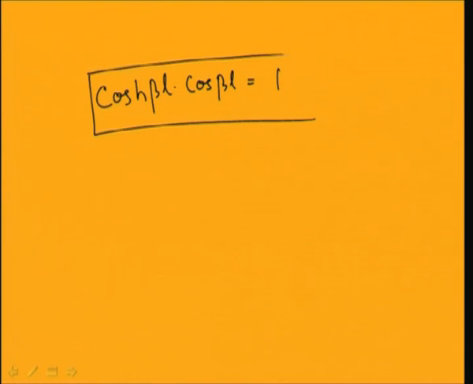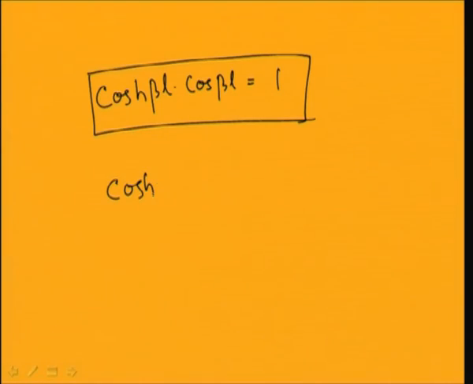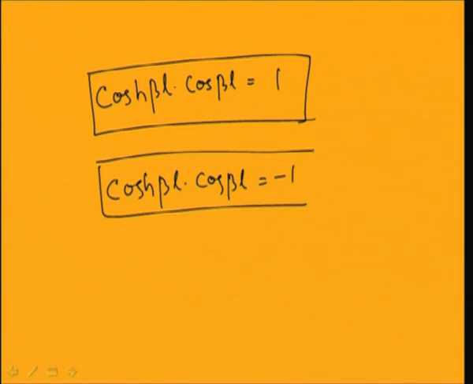So, I can write cos hyperbolic beta L into cos beta L equal to 1. This is the frequency equation in case of this fixed beam. If you recall, for the case of the cantilever beam, cos hyperbolic beta L into cos beta L was minus 1.